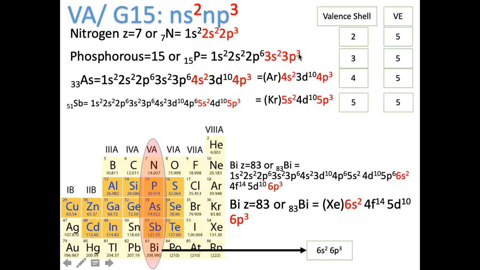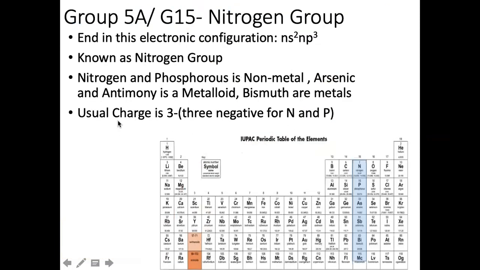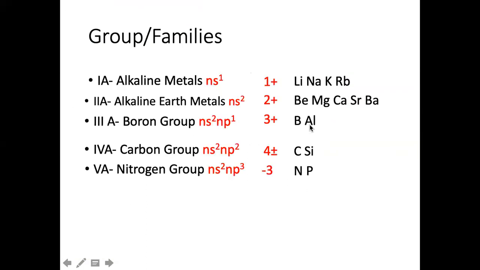Now, for the p here, it lacks 3 electrons for the p to be complete. So instead of giving up the 3 electrons, it is going to gain electrons. And that is why it has 3 negative for nitrogen and phosphorus. Meaning, they will accept 3 electrons for the p to be complete.